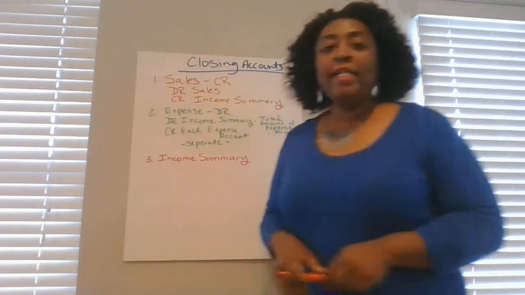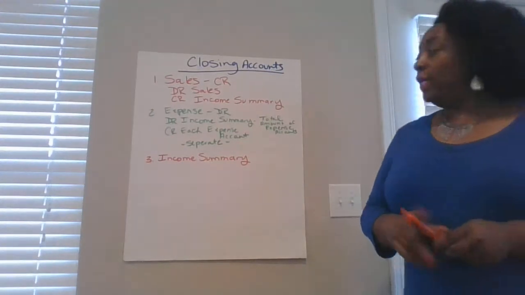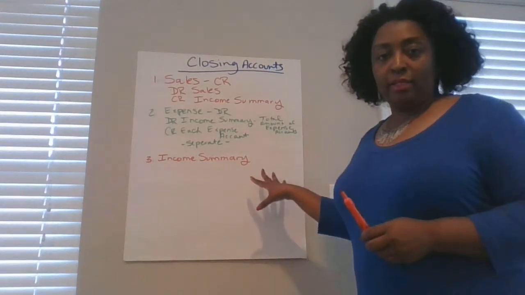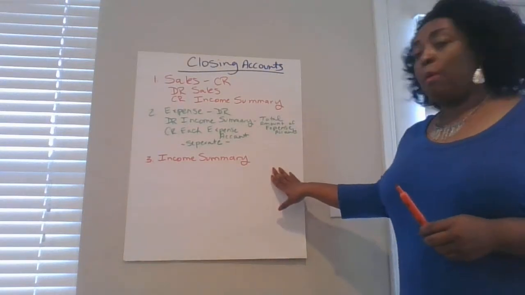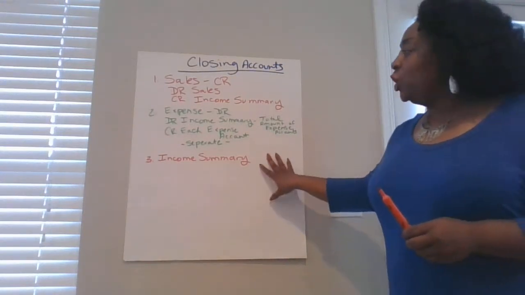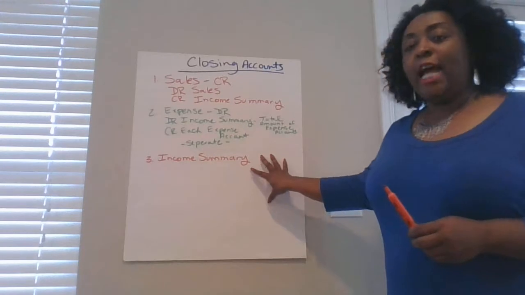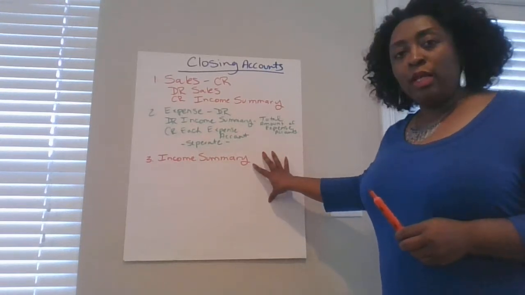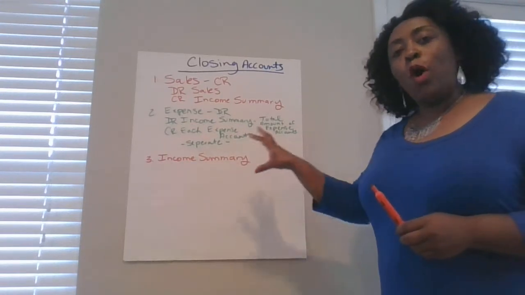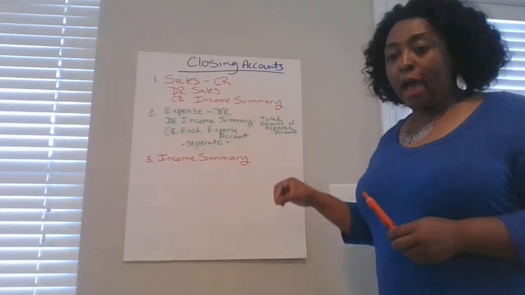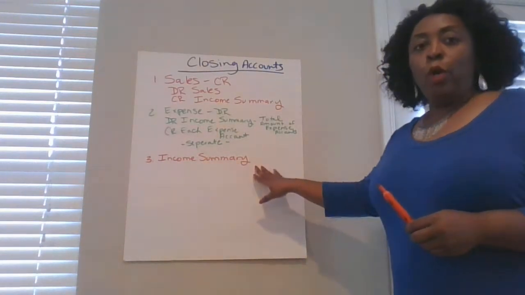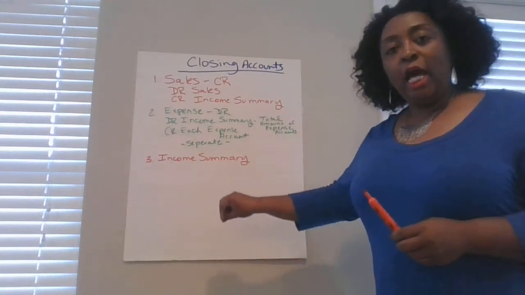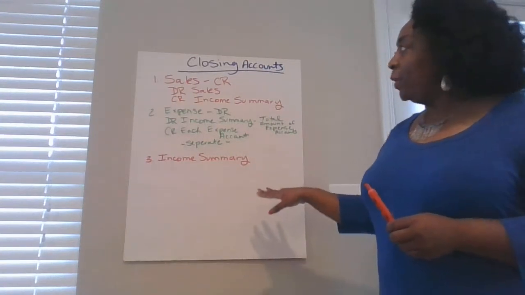All right, so remember I told you the income summary account has no normal balance. So when we close the income summary, what we're actually doing is that we're going to close out our net income or our net loss to the capital account. So when we close the income summary, we're closing either our net income or net loss to the capital account.